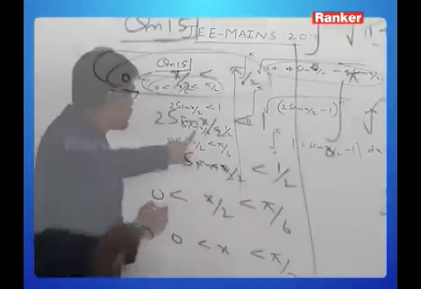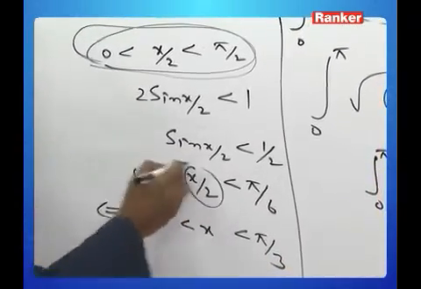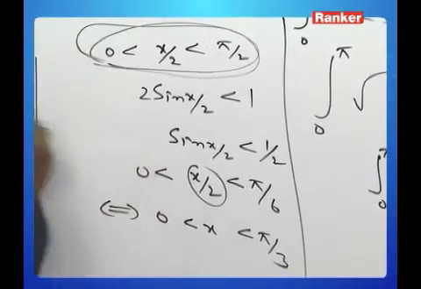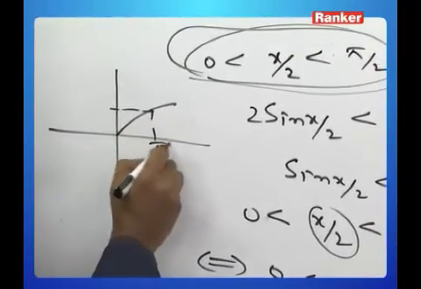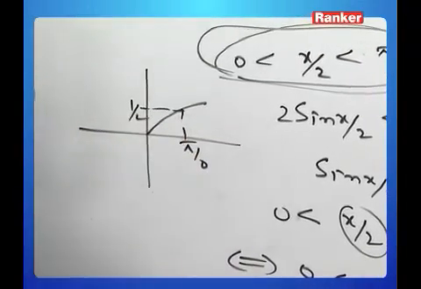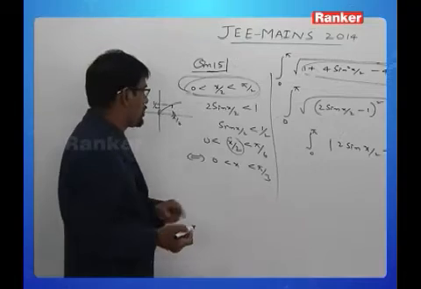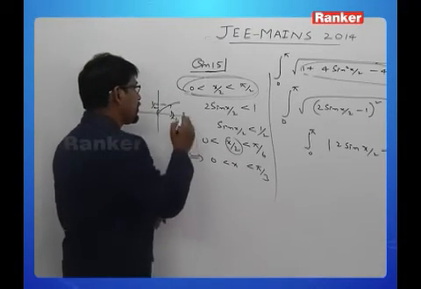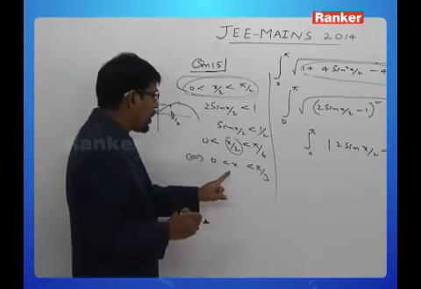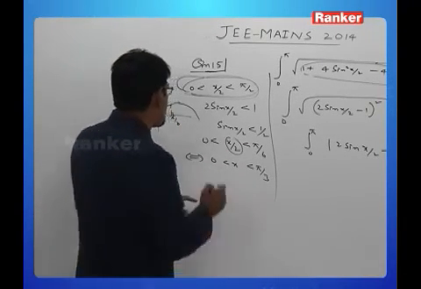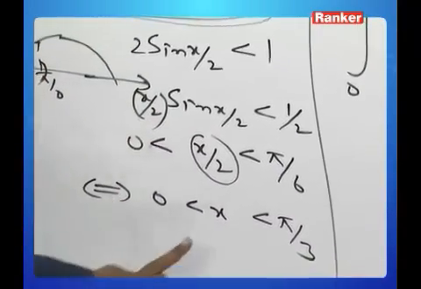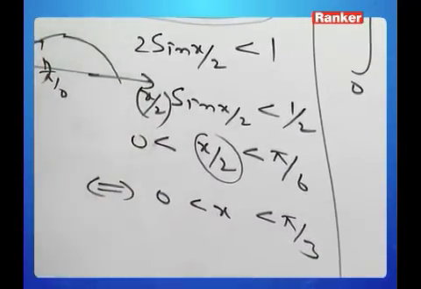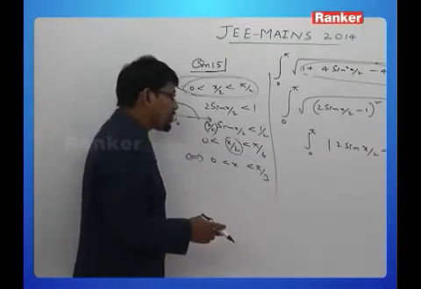When is sine x by 2 less than 1 by 2? Within the interval, x by 2 should lie between 0 to pi by 6. The sine graph goes like that. This is the x by 2 axis I have drawn here. So x by 2 should lie between 0 to pi by 6, so x should lie between 0 to pi by 3.